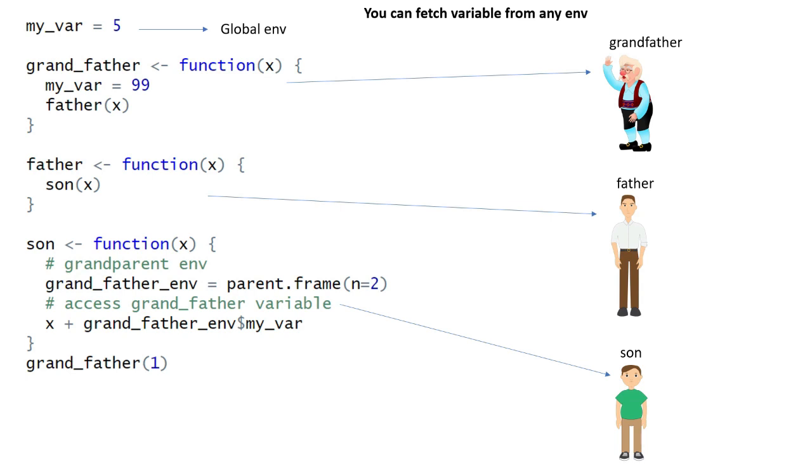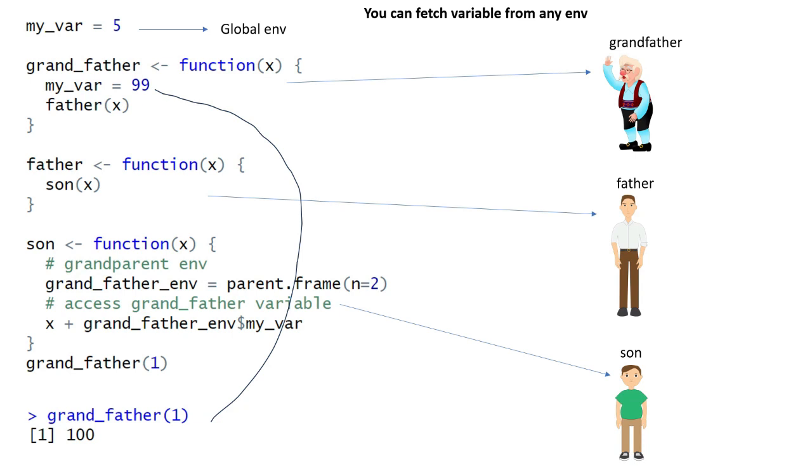So this is a grandfather. It is a function which represents the grandfather. There is a father and a son. In this case, what I am doing is fetching the value from the grandfather environment. That's why it returns 100, because if I add 1 plus 99, it gives me 100.